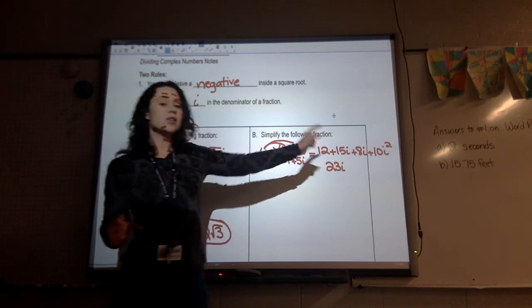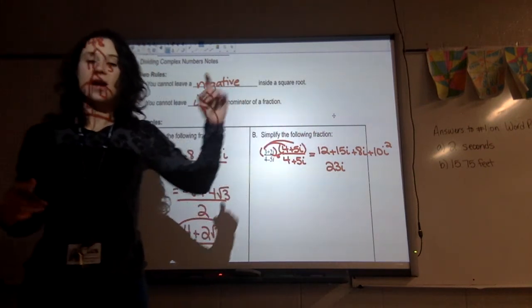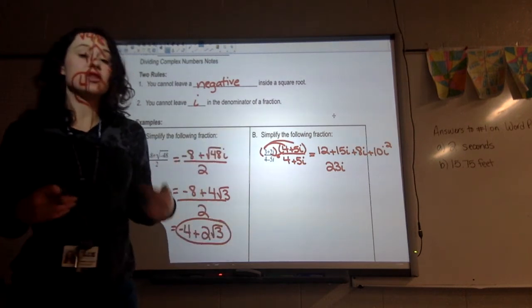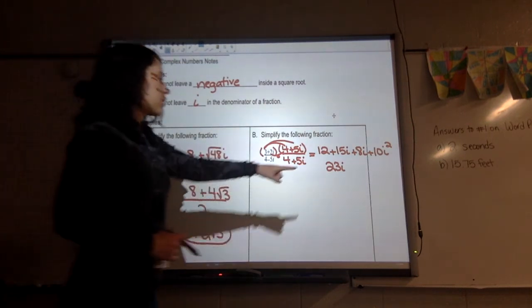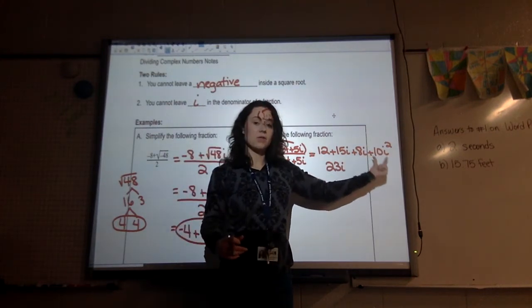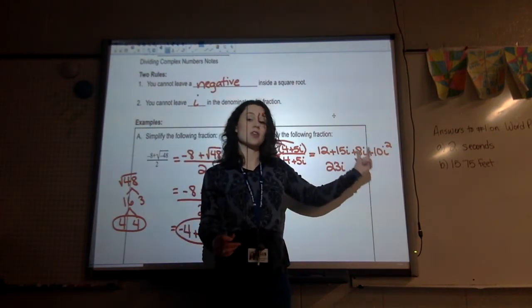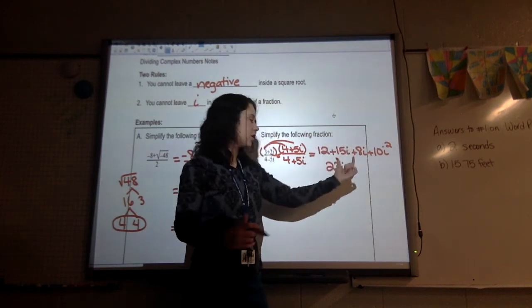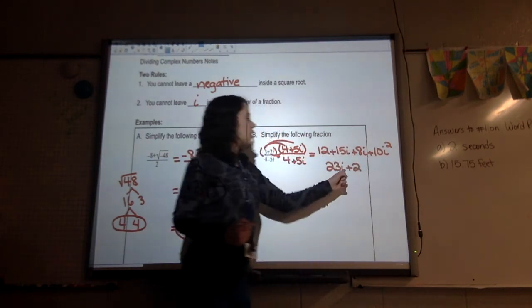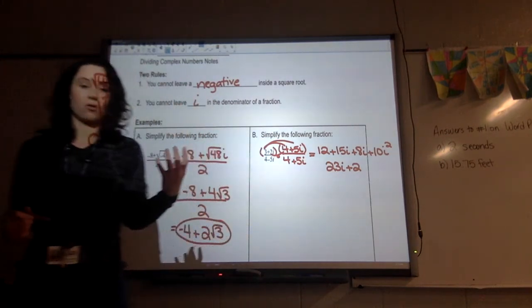And then at the very end, I have a 10i squared. And if you remember from yesterday, i squared is the same thing as negative 1. So what I actually have is a 12 out front and a negative 10 at the end because of that i squared. So 12 minus 10 gives me a 2. So there's what I'm going to have on the top of my fraction.